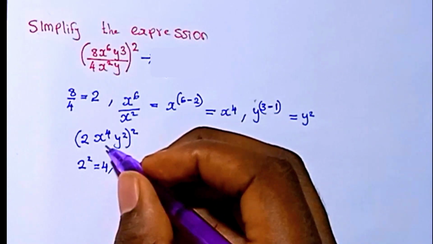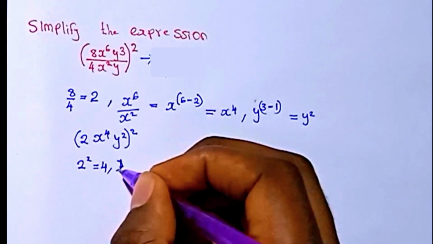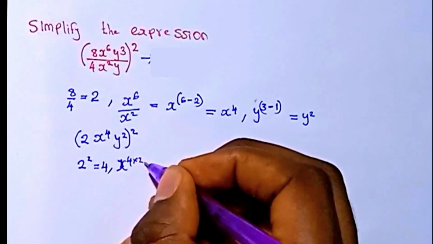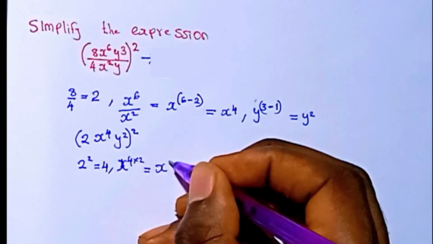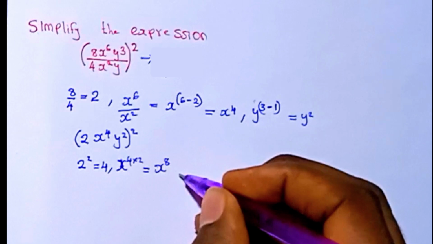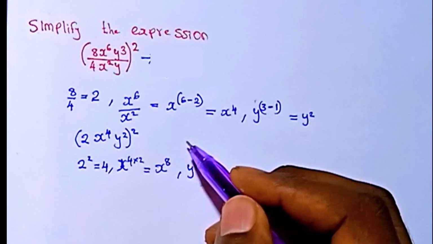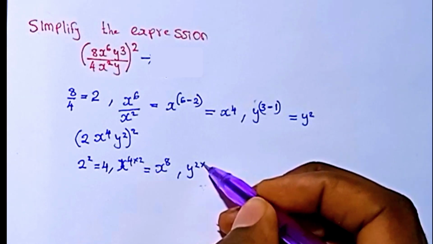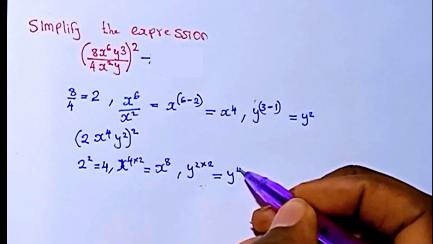Then x raised to 4 times 2 gives us x to the power of 8. The next one is y squared, so we multiply the power by 2, and we're going to have y to the power of 4.